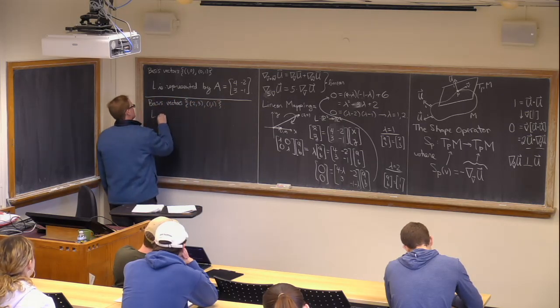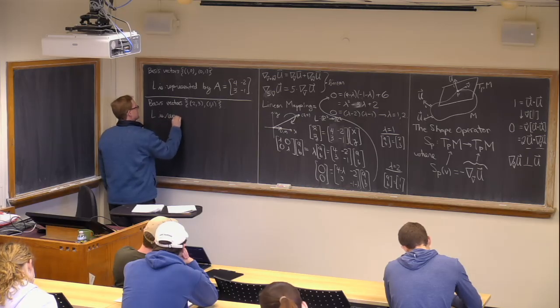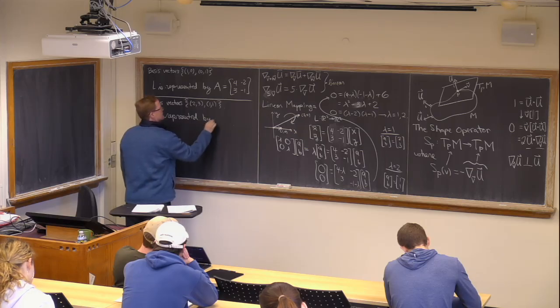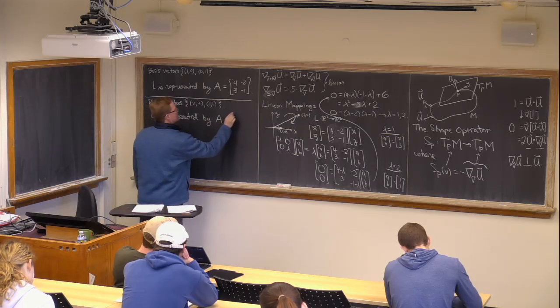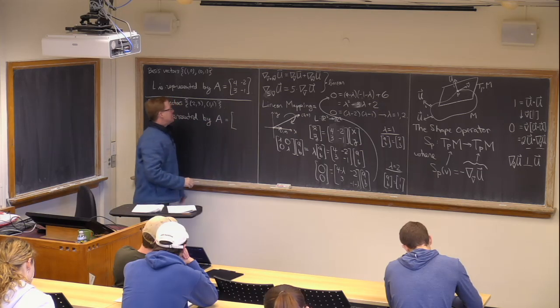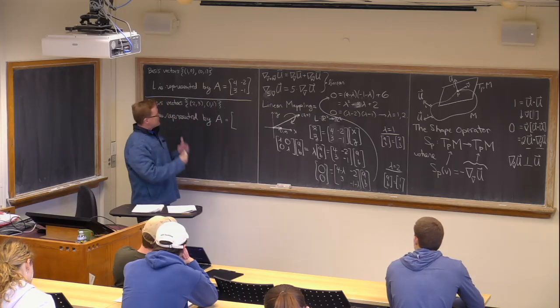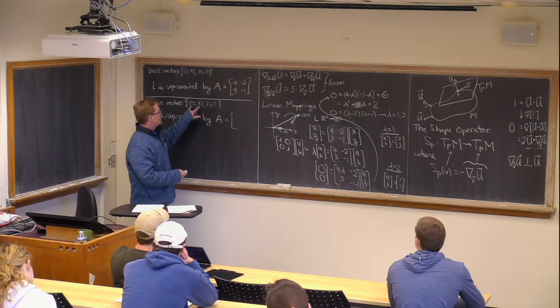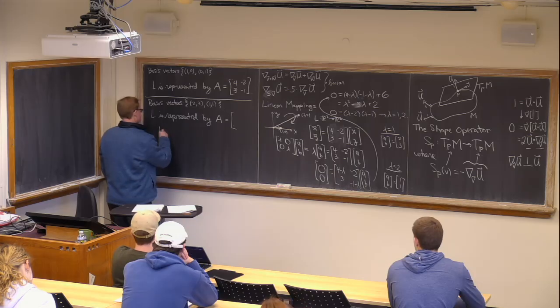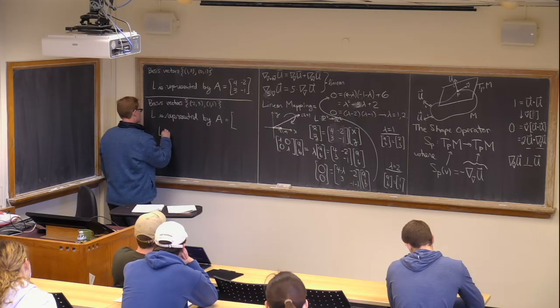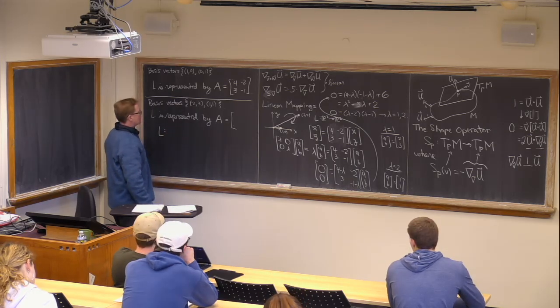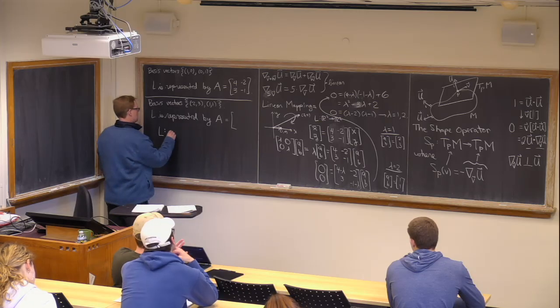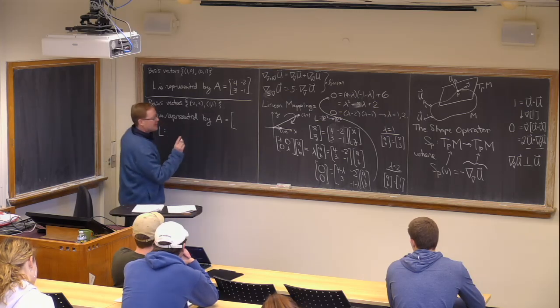Well, then L is represented by this matrix A equal to, well, if these are my basis vectors, what does this mean? What it says is, we'll say that L sends, let's see here, I got letters here.